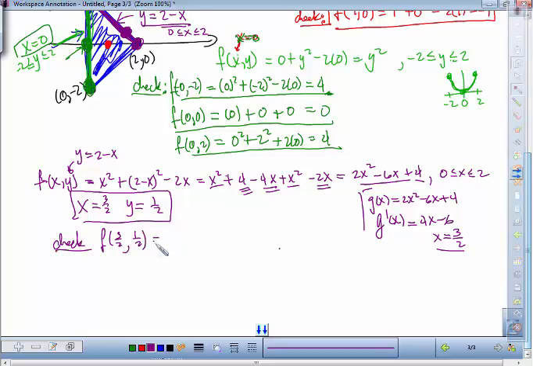All right, you guys might need your calculators here. So this is 3/2 squared plus 1/2 squared minus 2 times x. X is 3/2.